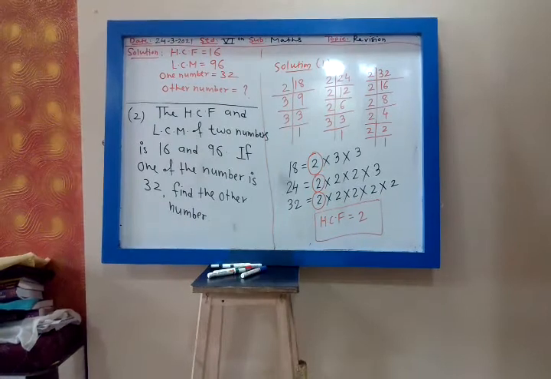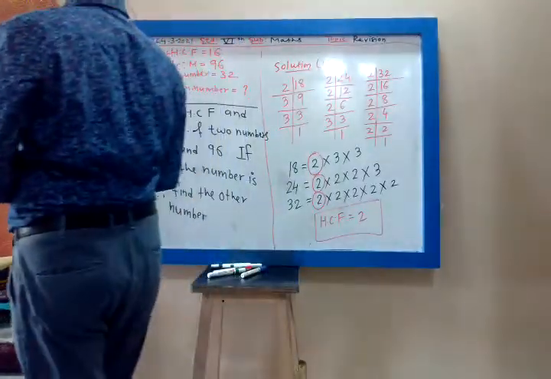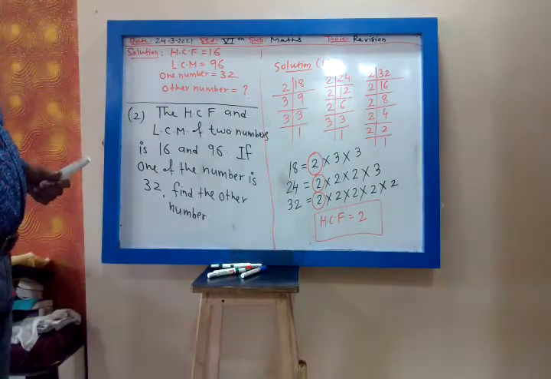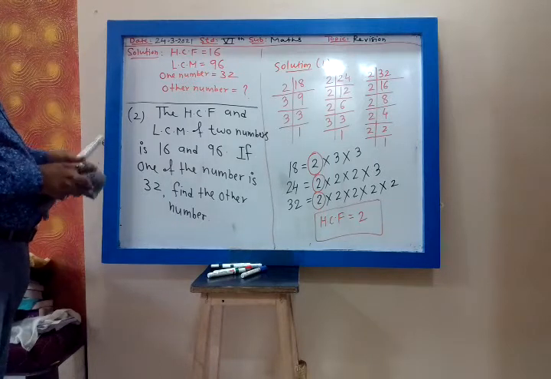Start solving the second one. HCF is 16, LCM is 96. One number is 32. Find the other number. Yes, mute the microphone.